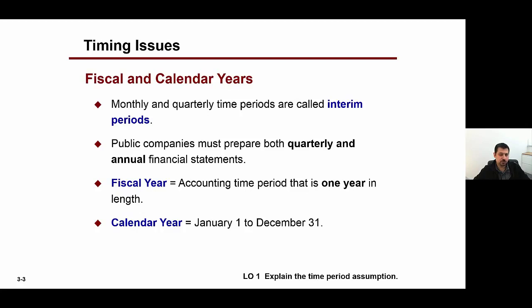For example, it could start from July 1st until June 30th of the following year. Basically, it is one year, and accounting transactions are recorded for that one year. And publicly traded companies have to prepare and publish quarterly as well as annual financial statements.